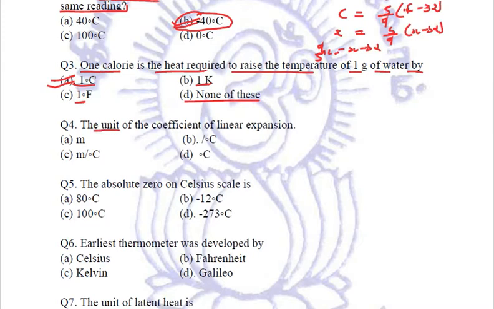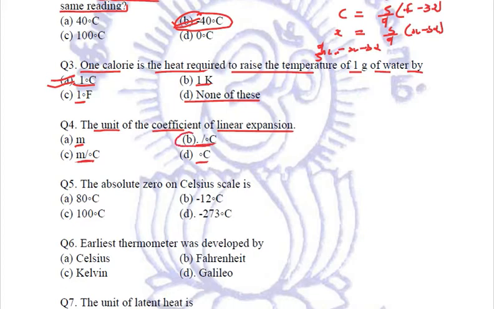The unit of coefficient of linear expansion is. The four options given to us are: meter, or meter per degree Celsius, or per degree Celsius, or degree Celsius.